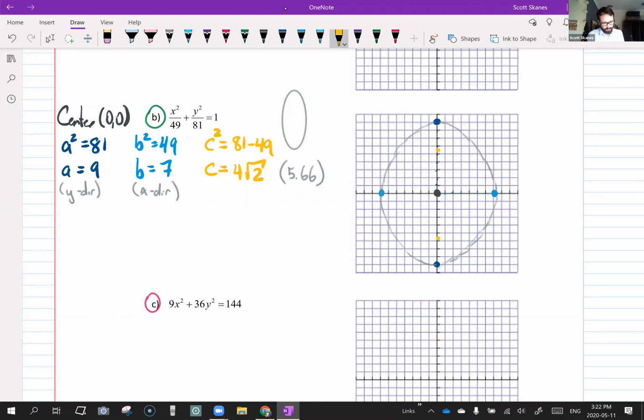Okay, so I think I'm done. I just haven't noted what my actual coordinates are, so let's do that. My vertices, what are they? They are in the y direction, (0, 9) and (0, -9). Co-vertices. Sorry, that's a little bit ugly.